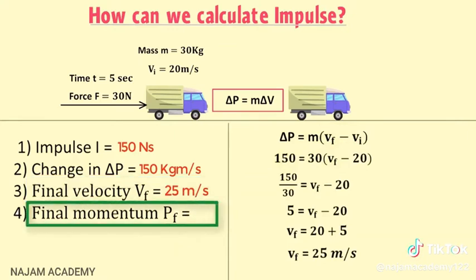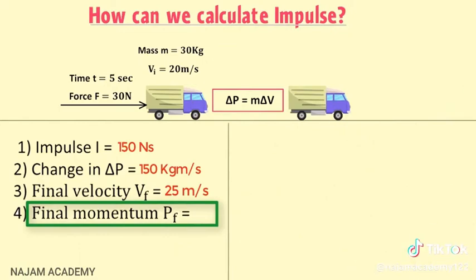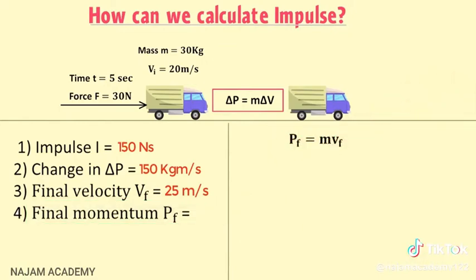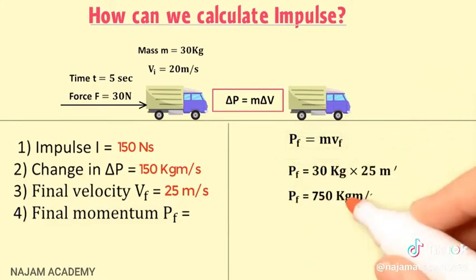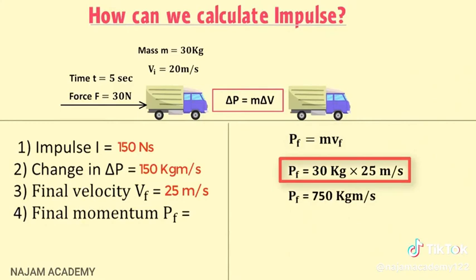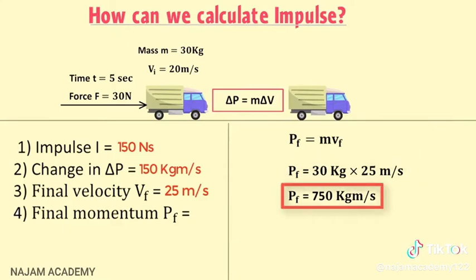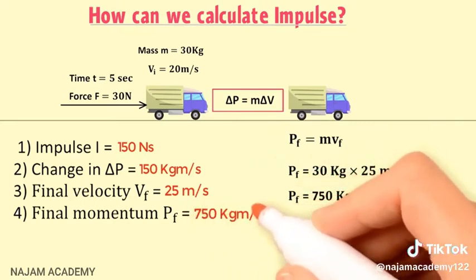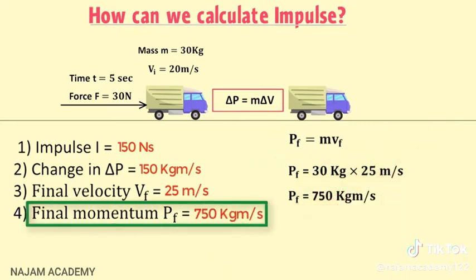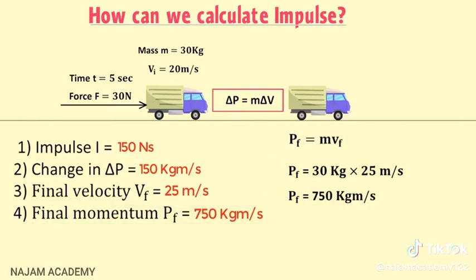Now, what about the final momentum Pf of the object? We know that Pf is equal to m Vf. Hence, Pf is equal to 30 kg into 25 meter per second. Thus, Pf is equal to 750 kg meter per second. Therefore, the final momentum Pf of an object is 750 kg meter per second.